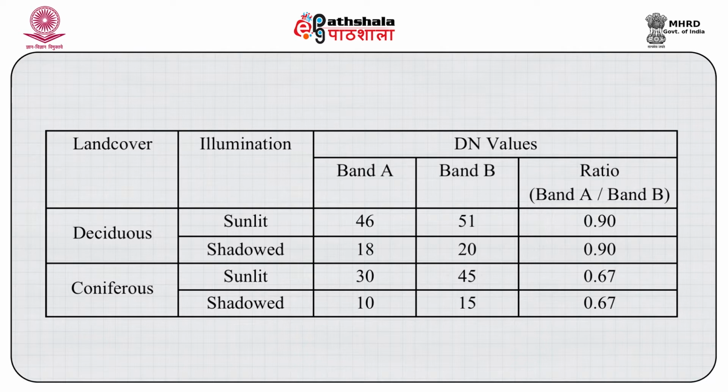But if we look at the ratios of these bands, for deciduous trees in the sunlit area, the ratio of band A to band B, that is 46 divided by 51, comes out to be approximately 0.9. Similarly, in the shadowed area also, the ratio of band A and B is equal to 0.9. So, we can say that the ratio of band A and B is not varying depending upon the illumination of the land feature.